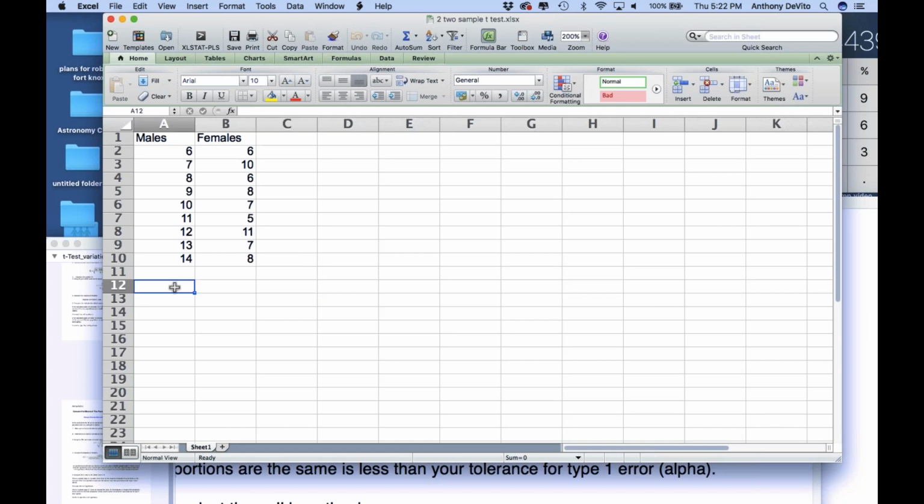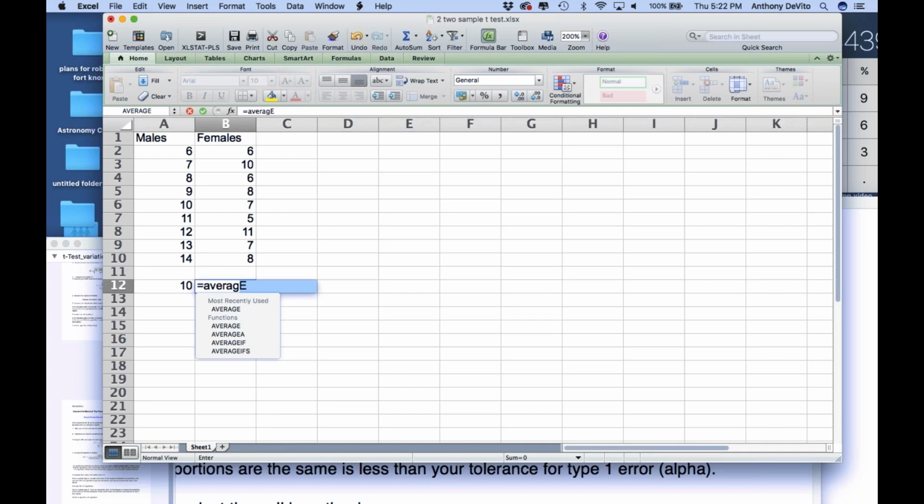We don't know what the population average is, and we probably never will, but the average for this sample is 10 for males and 7.5 for females.